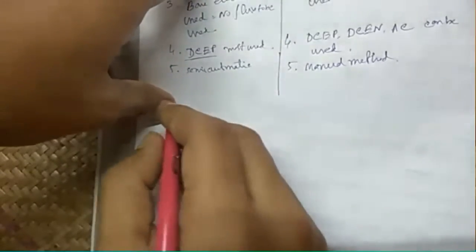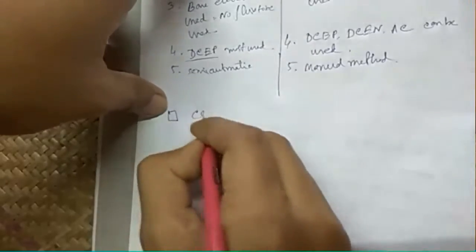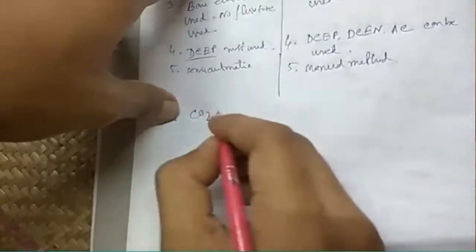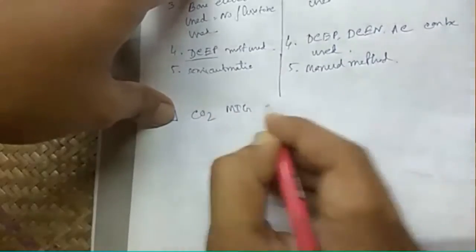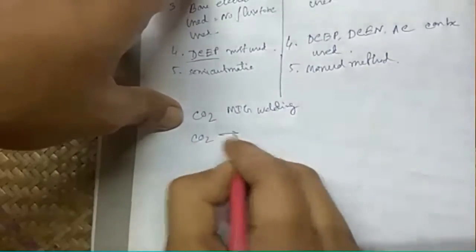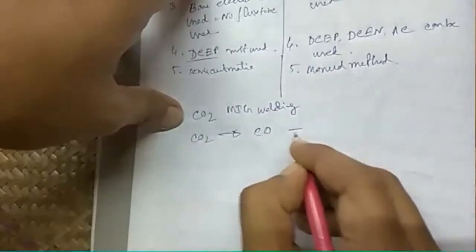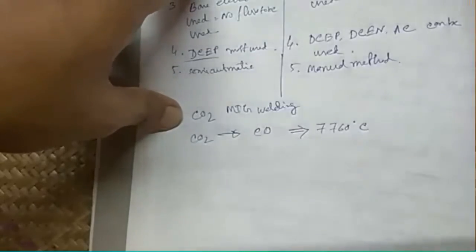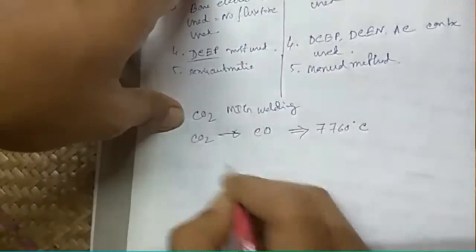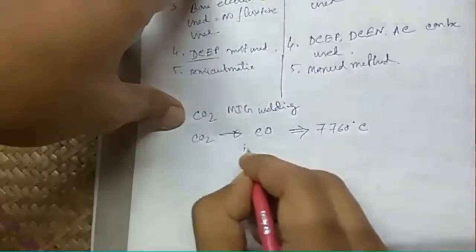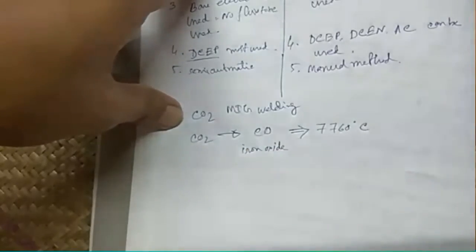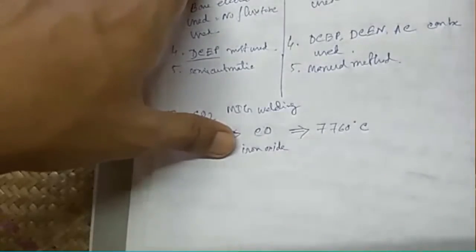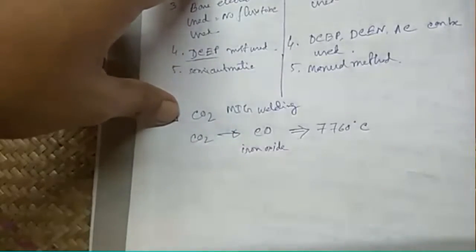Now, if we work with CO2 MIG welding, this CO2 dissociates into CO and produces 7760 degree centigrade, and this forms CO as well as iron oxide, because we use CO2 in most of the cases in mild steels.